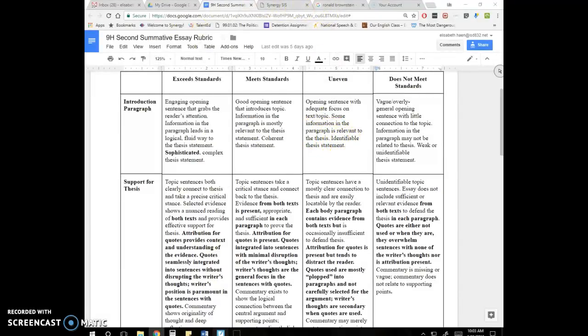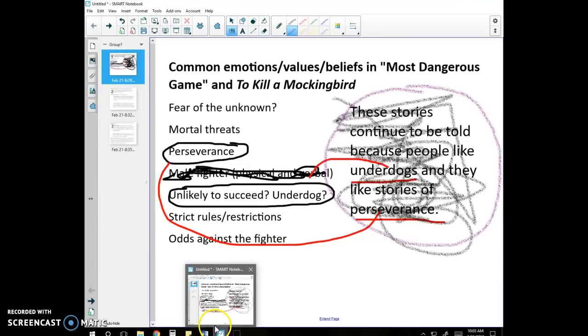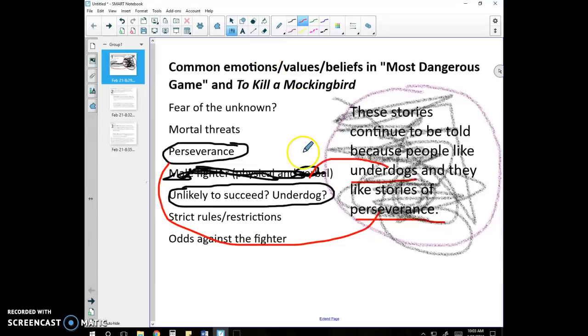Frankly, this thesis statement that I have, this one right here, is more on the identifiable, and a little bit of coherence. It's literally straddling the line between the two. So I'm sure you're asking, Ms. Hain, what does a good thesis statement look like then? How can I do this?